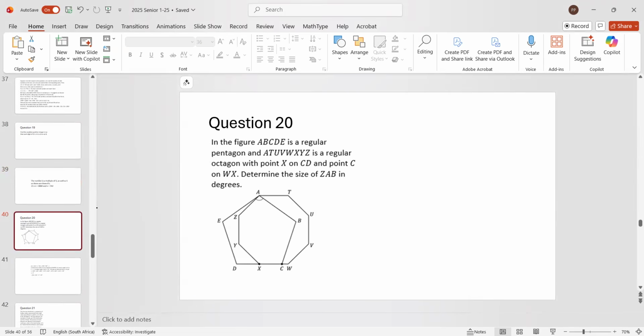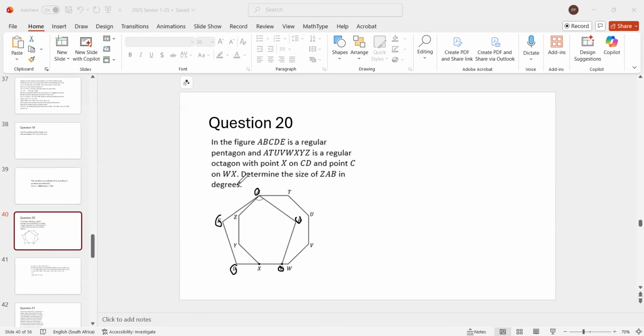Okay, let's get on to question 20, which says the following. In the figure, ABCDE is a regular pentagon. So the pentagon is this A, B, C, D, and E. And then you've got some 8 symbols.